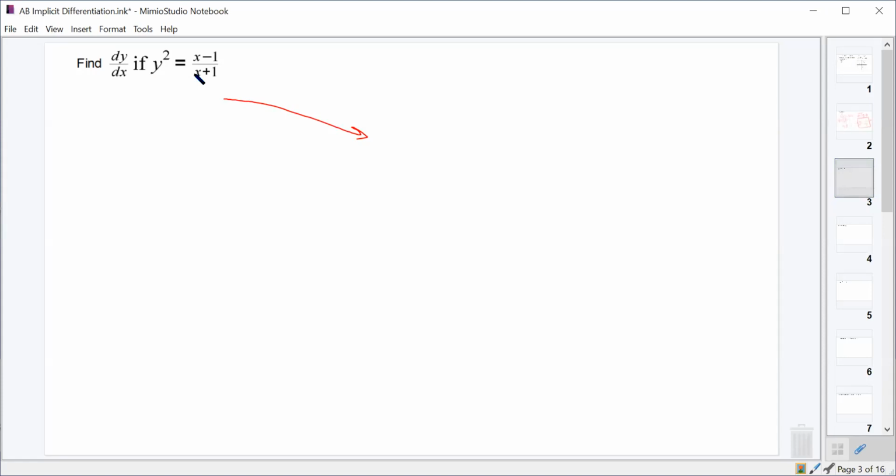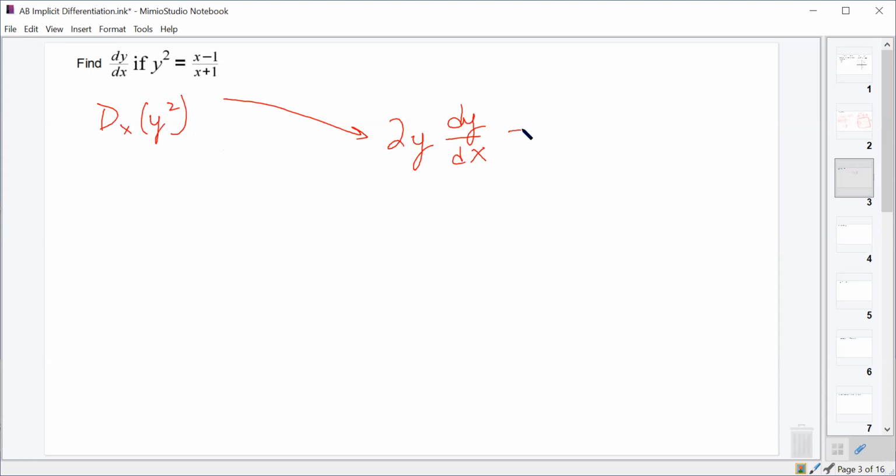The y squared should become what? 2y. 2y times the derivative of y with respect to x. 2y dy dx, because we're taking the derivative with respect to x of y squared, which should give us 2y dy dx.